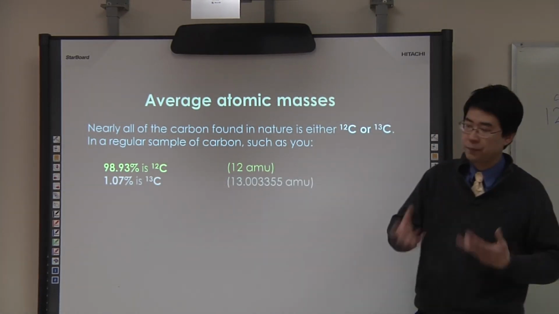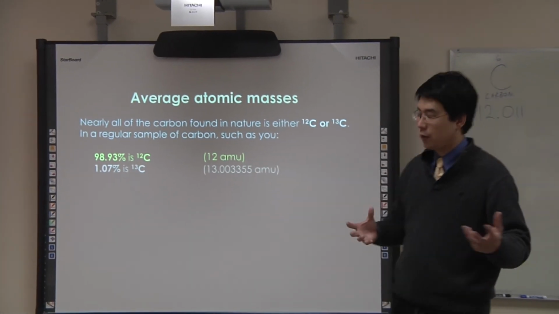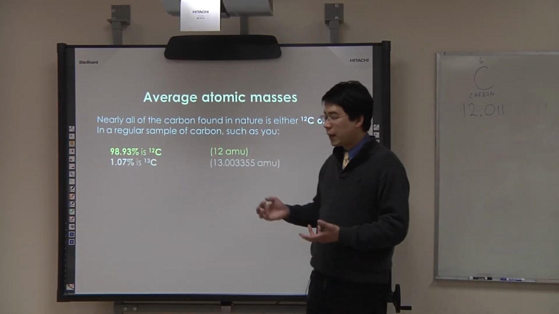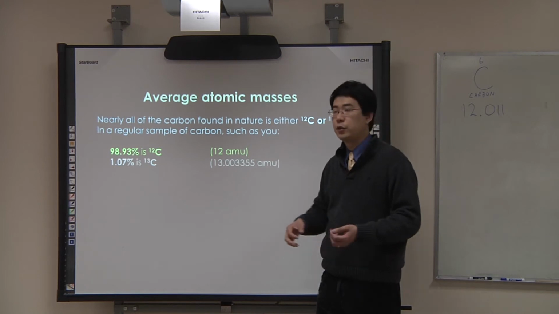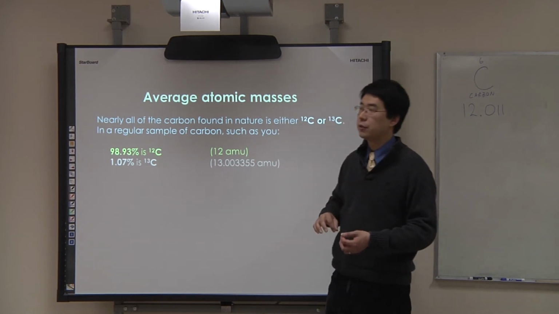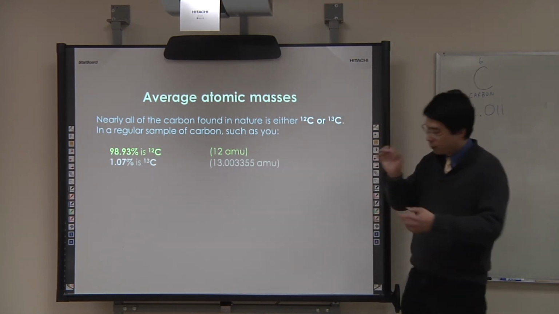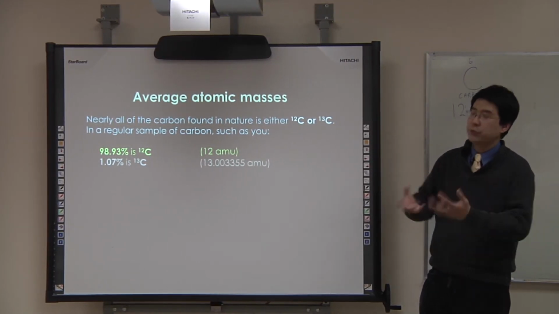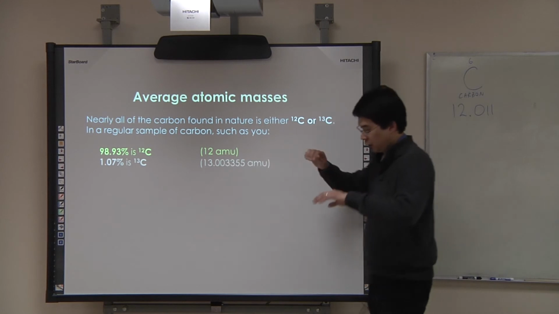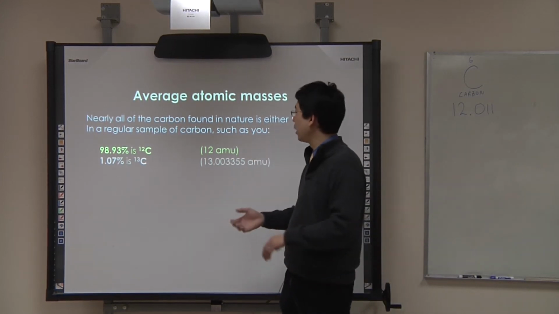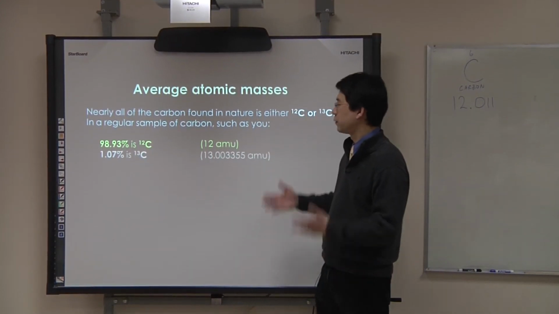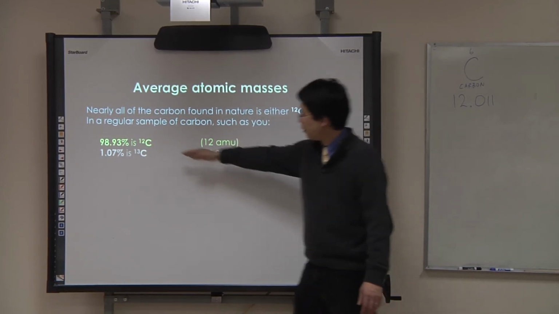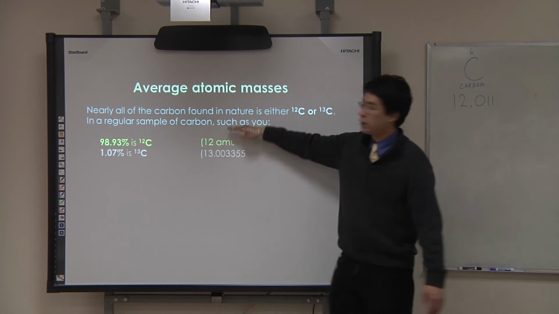They're mixed up entirely randomly, and you can't go into your cells and your proteins and pick out the carbon-13 and leave behind the carbon-12. Most of the time, the best we can do is take a few grams or a few milligrams of tissue or something, and in that, there's going to be this distribution of these atomic weights.